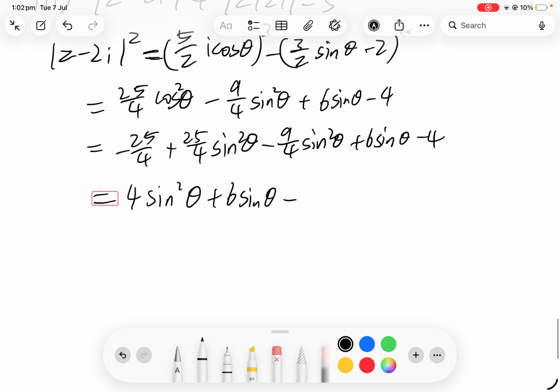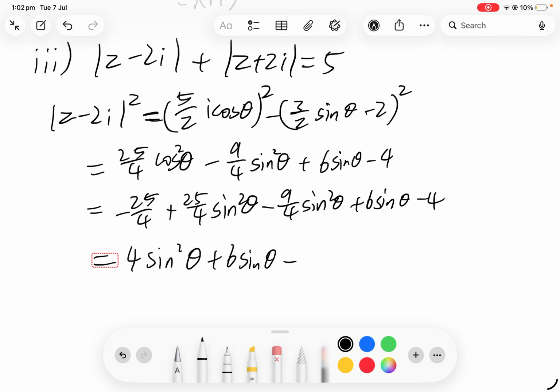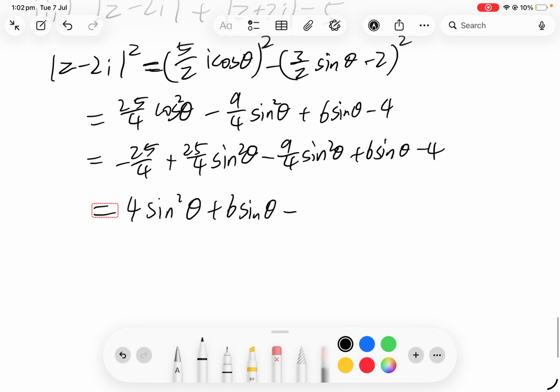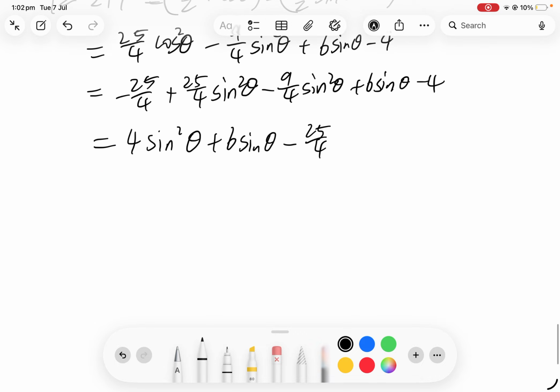Not sure where the 4 came from, because that becomes 1 over 1 minus. All right. Should be 4, 6, and it should be 25 over 4. Not sure how they got that, but that's that. I'm really confused by this question. I'll figure it out later.